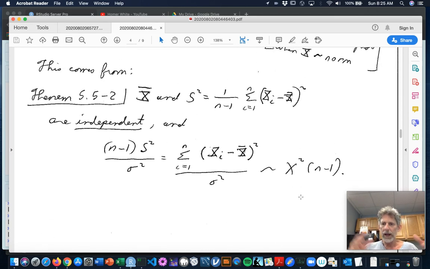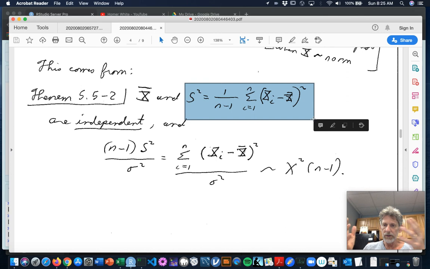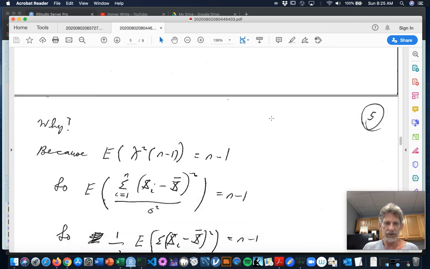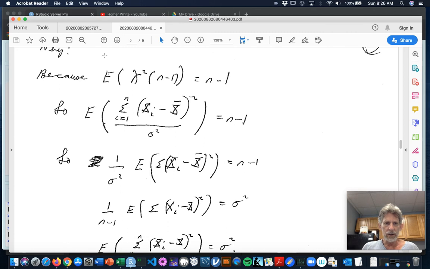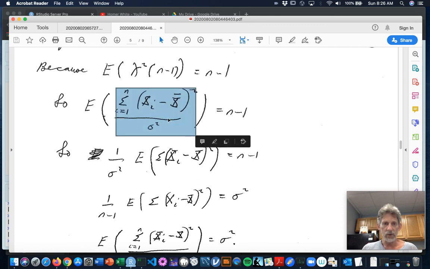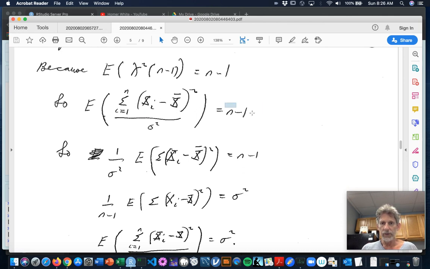You might wonder, what does that have to do with S squared being an unbiased estimator of sigma squared? What does it have to do with the expected value of that being sigma squared? Before we go into trying to look deeper into the theorem or prove parts of it, let's at least see how it relates to that question. Well, first of all, notice we know the mean of a chi-square random variable. It's equal to its degrees of freedom. So if the theorem says that doohickey is a chi-square, then its expected value is going to be n-1.